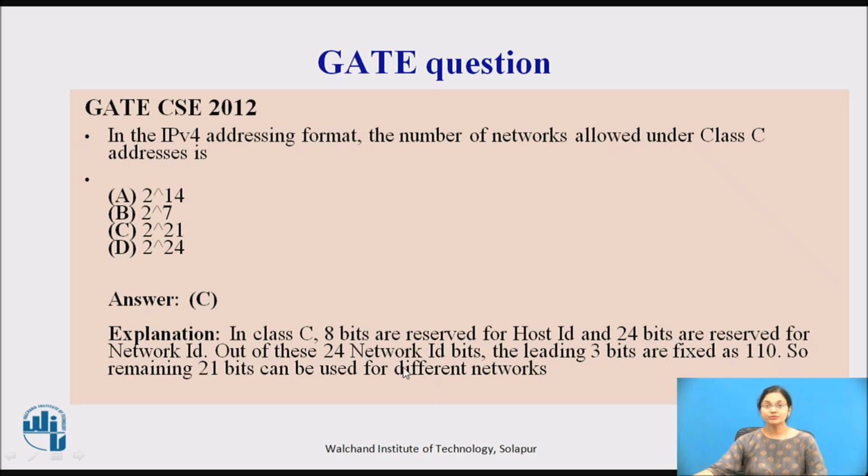But out of 24 bits, we have seen that 110, that is the 3 bits, are fixed for the starting address. So the remaining 21 bits can be used for different networks. So this is the answer for this GATE question.